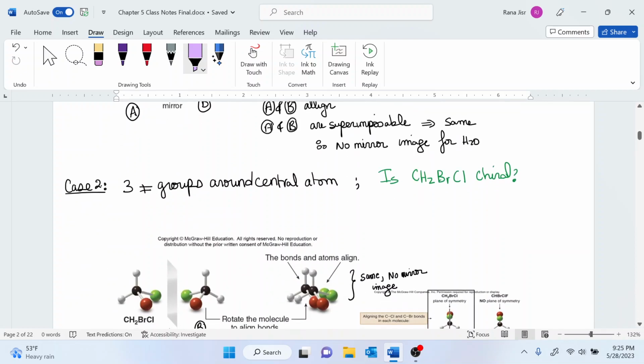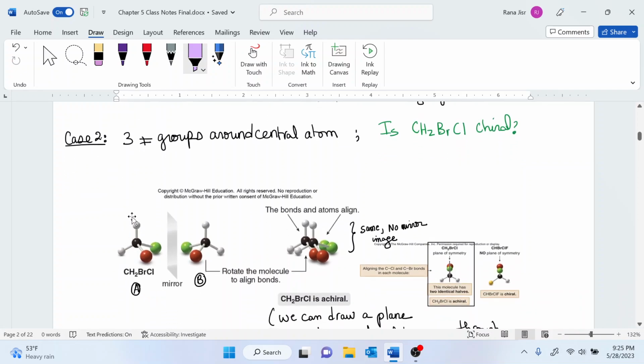Now let's have the second case where we have a central atom and three different groups around it. So you have two groups that are the same and then two groups that are different. In this case, you take the molecule and put it in front of a mirror and look at its reflection. If you invert the molecule, you can pass a plane of symmetry through the carbon and the two groups over here.